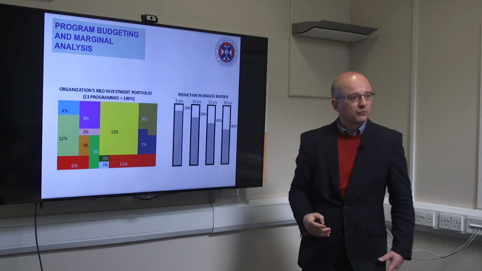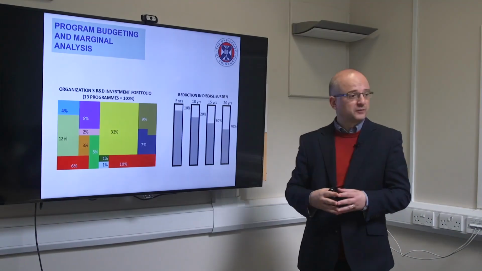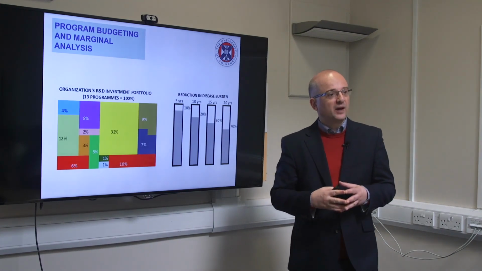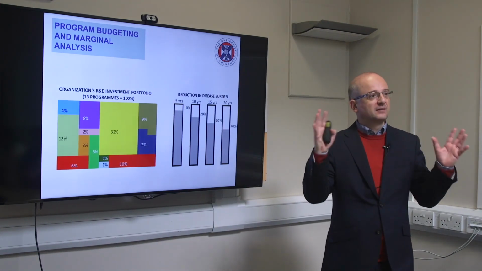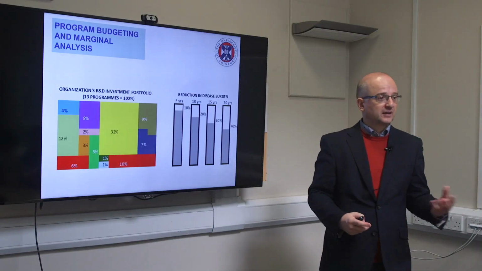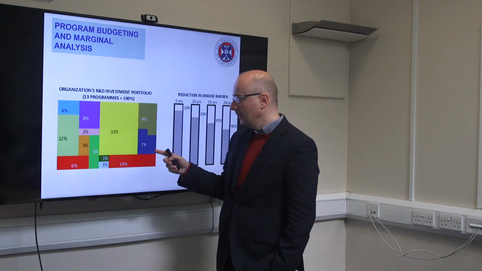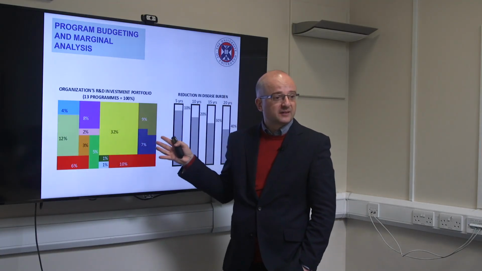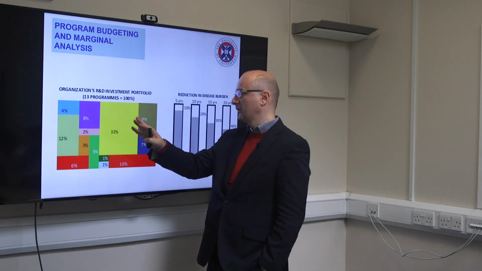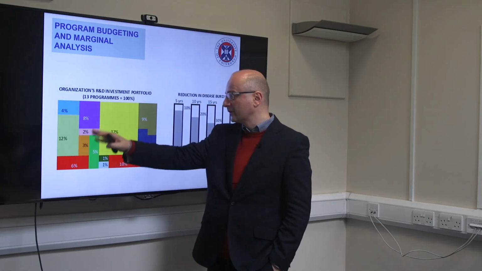And basically, one thing that EQUIST does not have yet, and that would be a very useful addition to it, is once you have this understanding of what is more or less equitable and more or less cost effective, you need to chart what is going on with the investments in health at the moment for a country, say 32% of funding going into that program, 10% in that program, and so on.